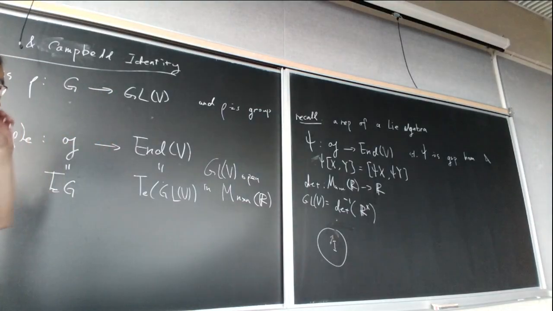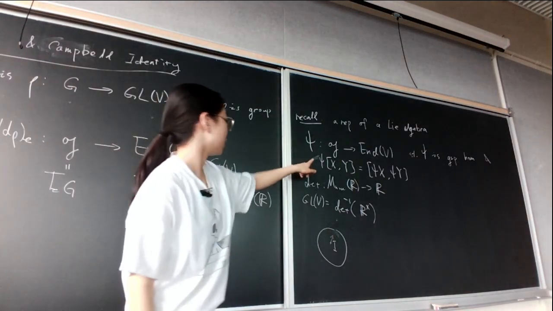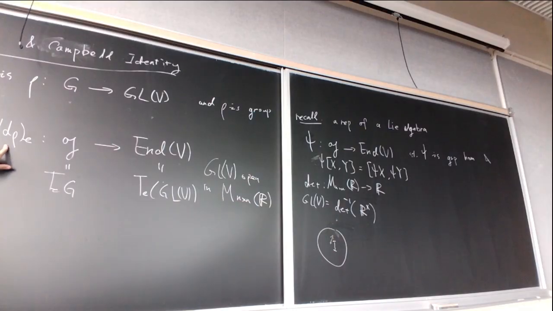And so basically what we need to show is that this d rho respects the Lie bracket.